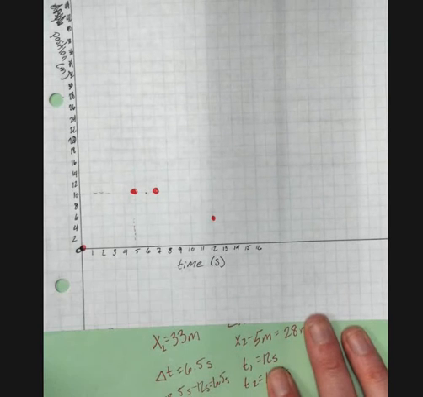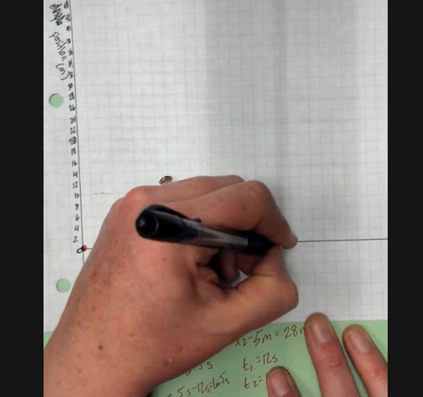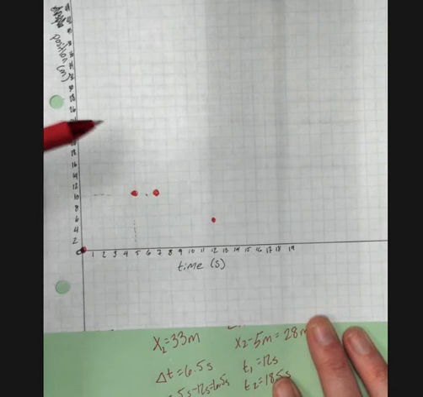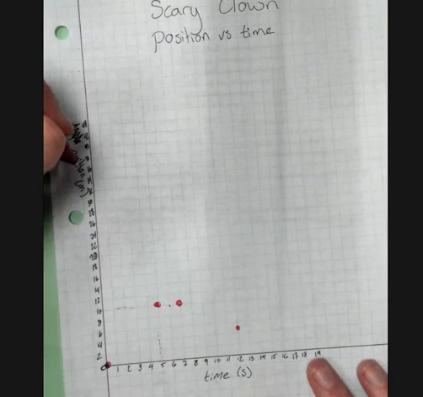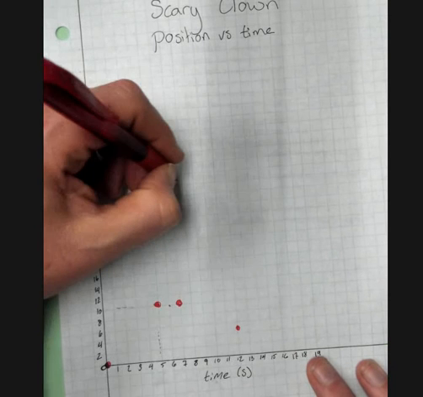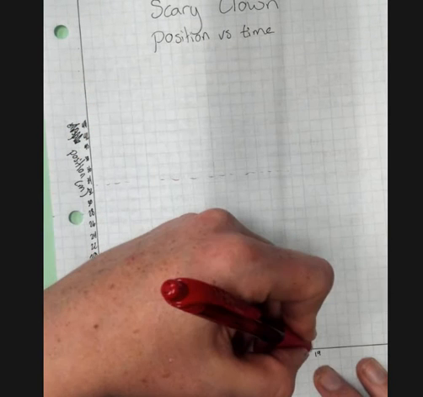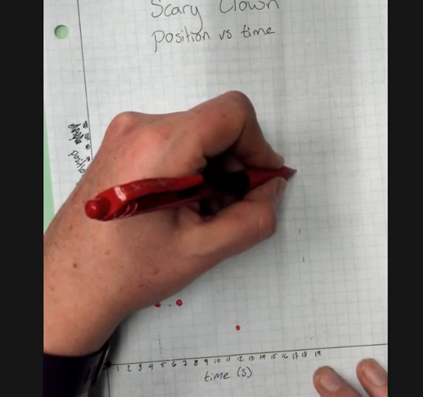Alright, so I need to make sure that my axis includes that value. So at 18.5 seconds, my position is going to be 33 meters. There he is.